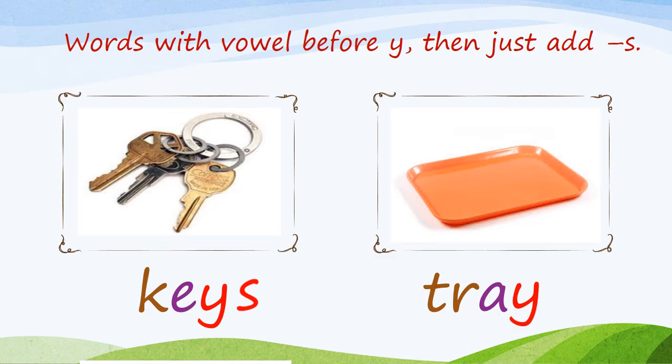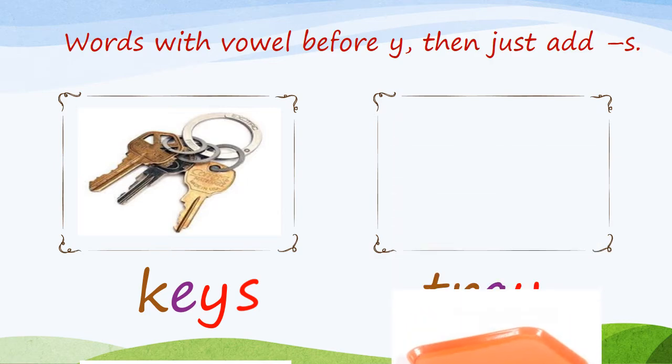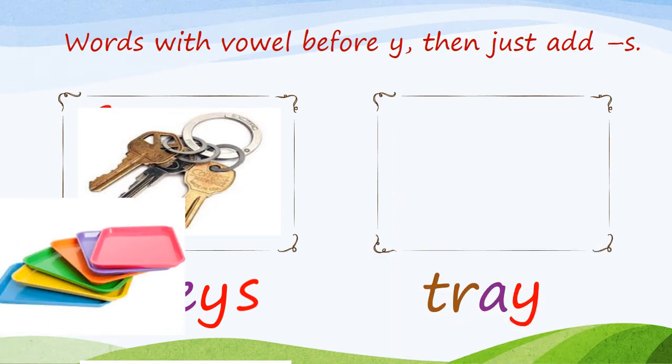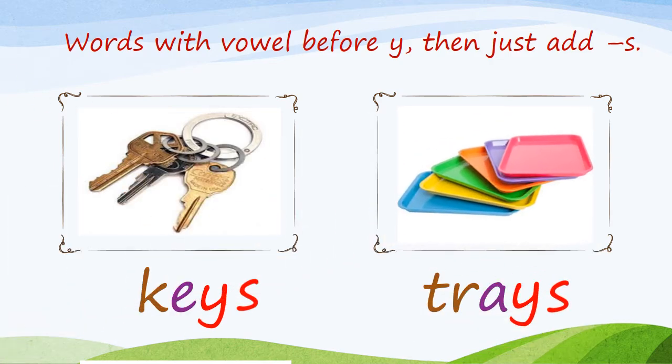Look at the second picture. What is it? Tray. Now the letter before Y, which is A, is a vowel. So again, what will you do? You will just add S to make it plural. That is trays.